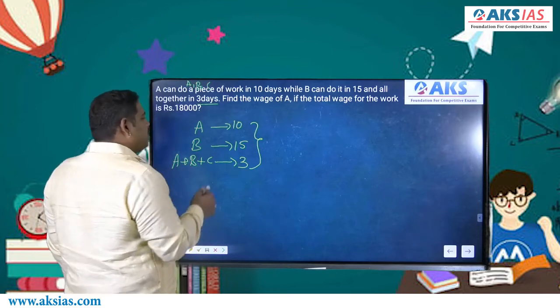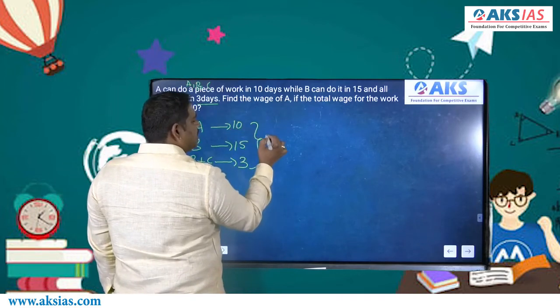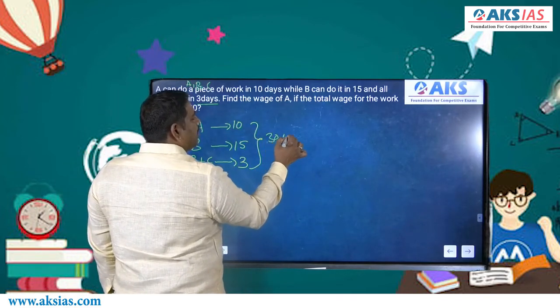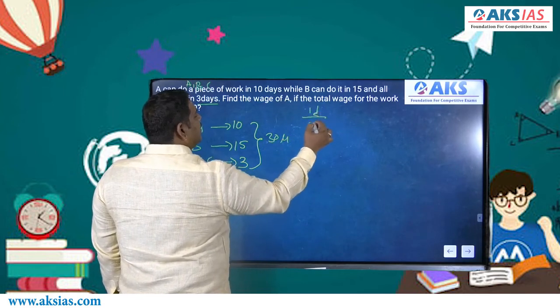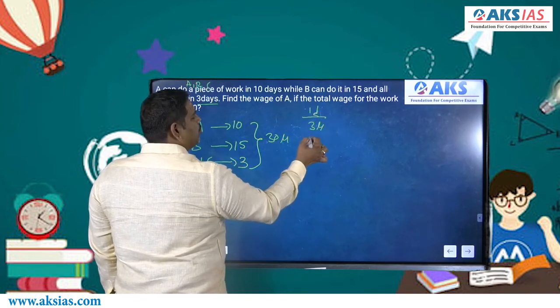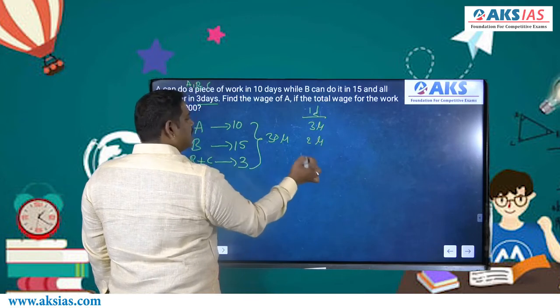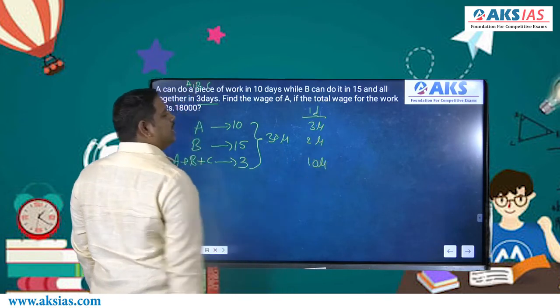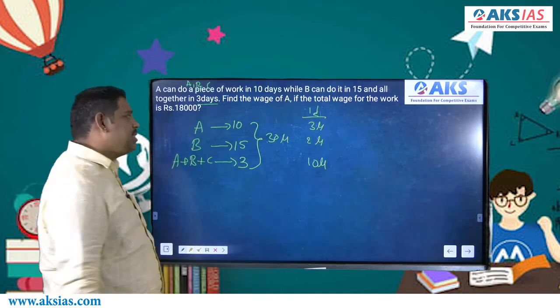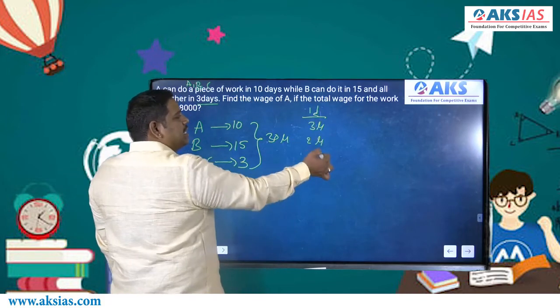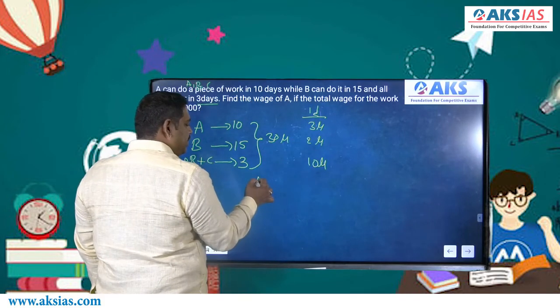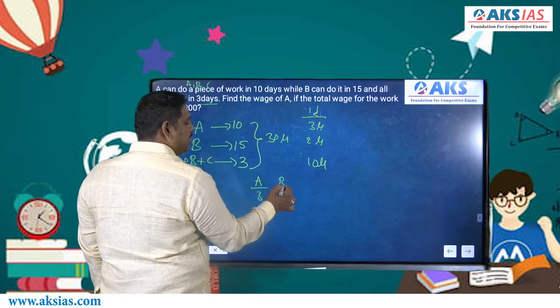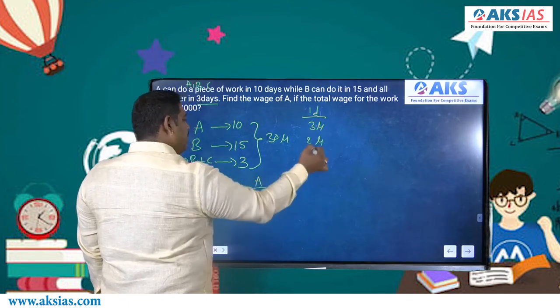Now observe here. Total work is 30 units. In 1 day, A completes 3 units, B completes 2 units, altogether 10 units. That means this is the efficiency. So A's efficiency is 3, B's efficiency is 2, A plus B plus C is 10.